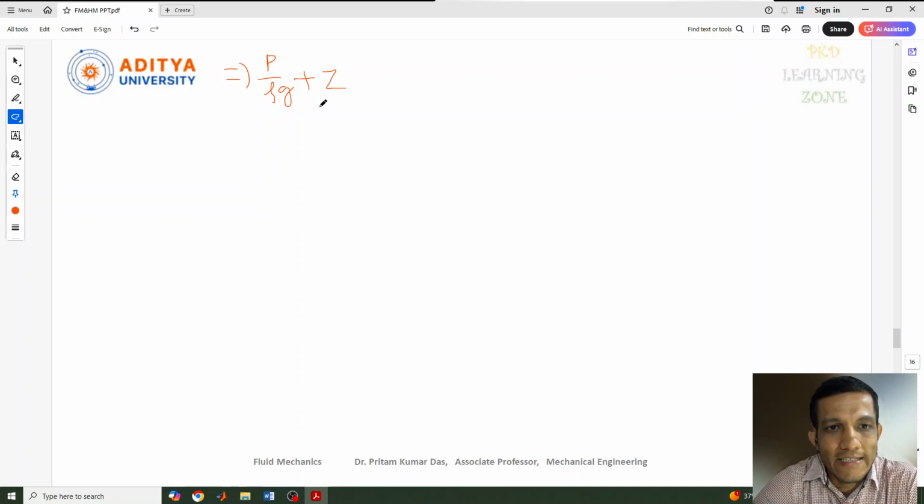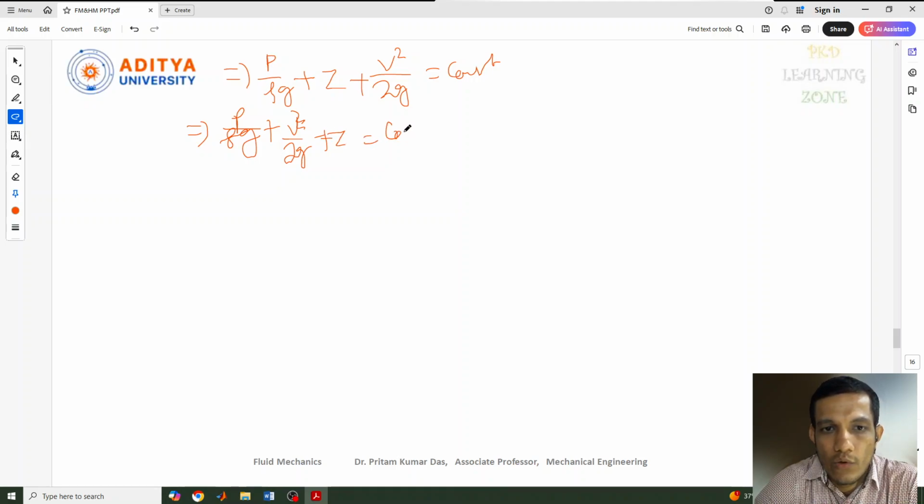Now v square by 2 becomes v square by 2g. That is constant. So we can write p by ρg plus v square by 2g plus z equals constant. This is the Bernoulli's equation of the fluid flow.